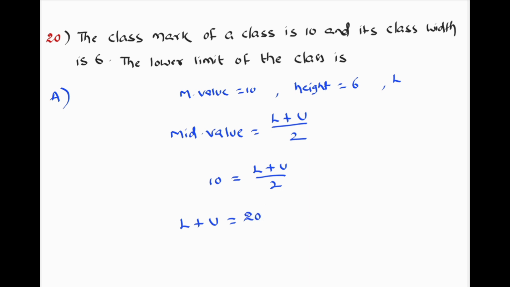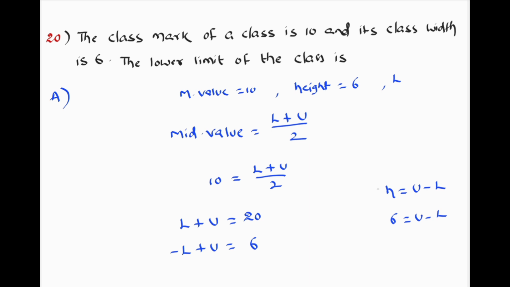Here, what is the width? The height formula is h equal to upper limit minus lower limit. We have 6, so 6 is equal to upper limit minus lower limit. We can write this as minus L plus U equals 6.